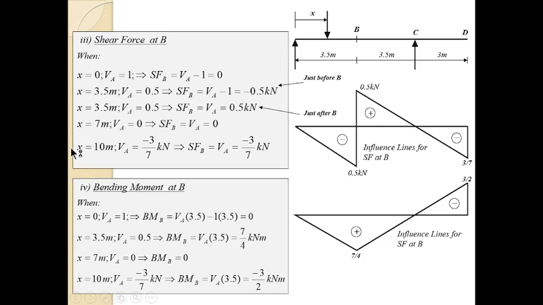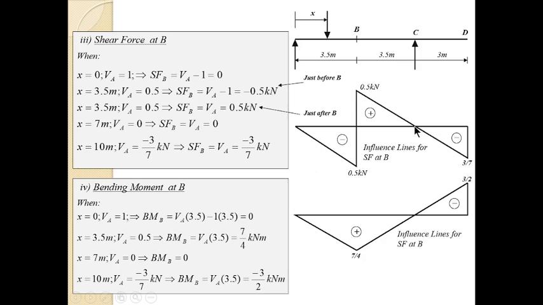So we now go to when x is equal to 10. That means when the 1 kilonewton load is here. Remember, the VA reaction at A was minus 3/7. So when the load is here, we only have VA on the left. So the shear force at B when the load is at D will be VA, which is minus 3/7.